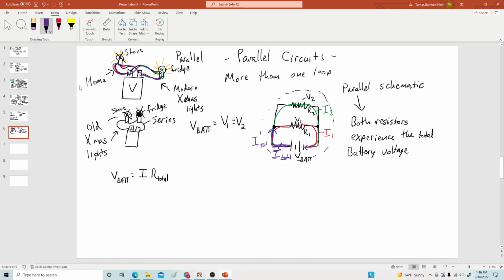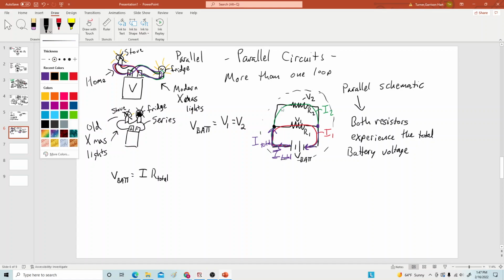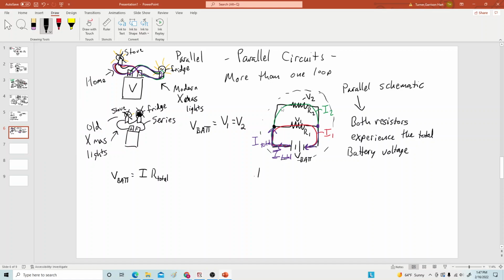So I total splits into I1 and I2, and then at this junction, they add back up to create the total once again that the battery experiences. So in the parallel case, the currents add. In the series case, it was the voltages that add, and the current was the same everywhere. But in the parallel case, it's the voltages that are the same between all of the elements, and the currents add.